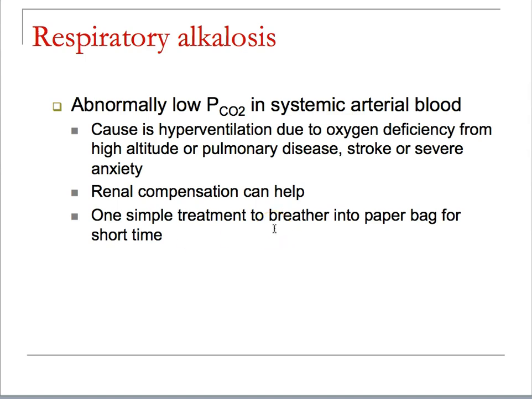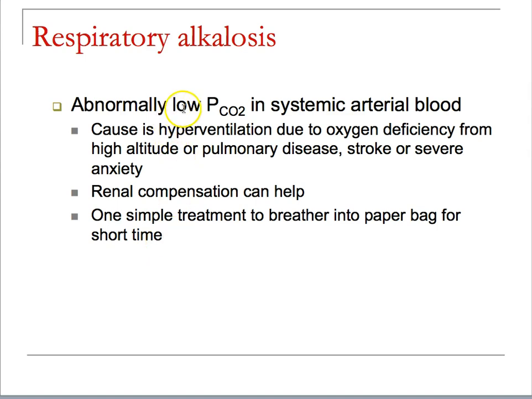Respiratory alkalosis: low PCO2 in systemic arterial blood. Renal compensation, of course, can help here because you can actually get rid of some of the hydrogen protons and increase the number of bicarbonate ions that are retained. But a simpler treatment, of course, is to simply breathe into a paper bag.